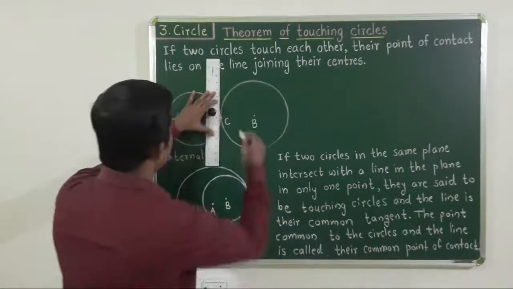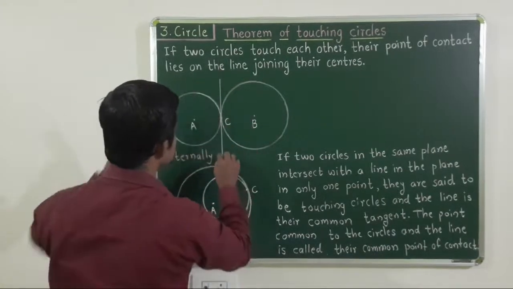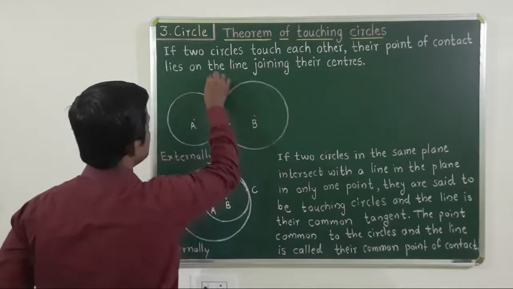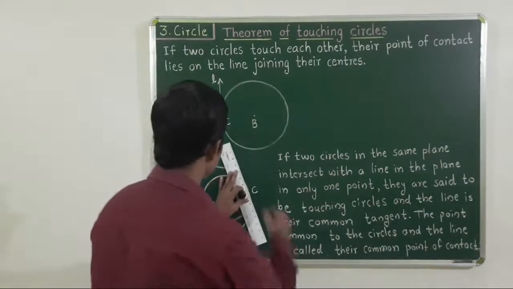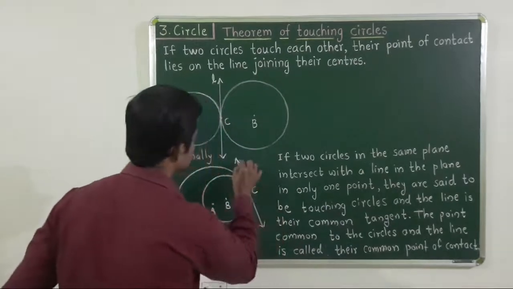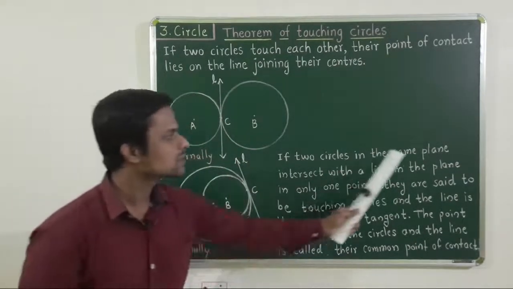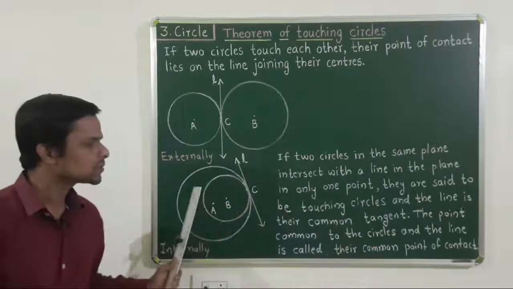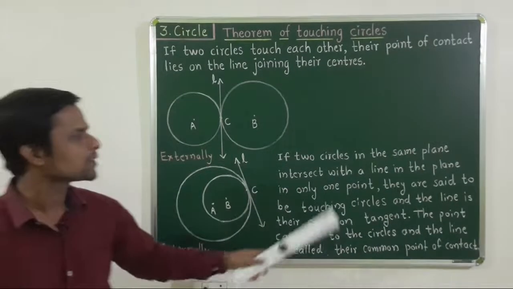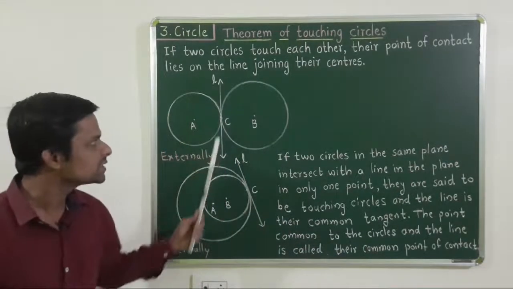Suppose line L is a common tangent for both circles, here also line L is a common tangent.